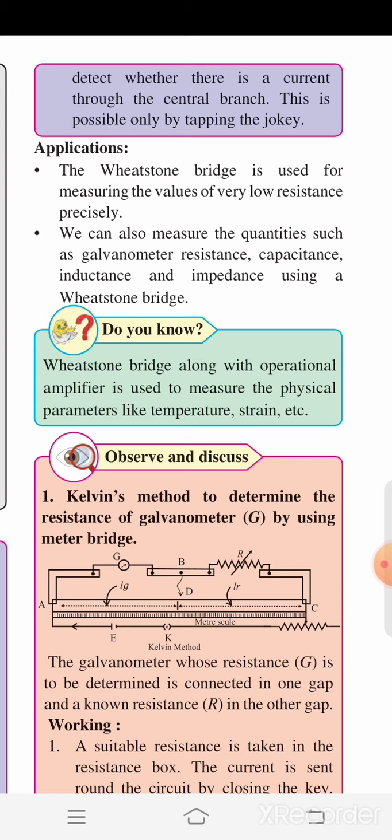That is one of the applications of the meter bridge instrument, used by Kelvin to determine an unknown resistance, which is the resistance of the galvanometer.